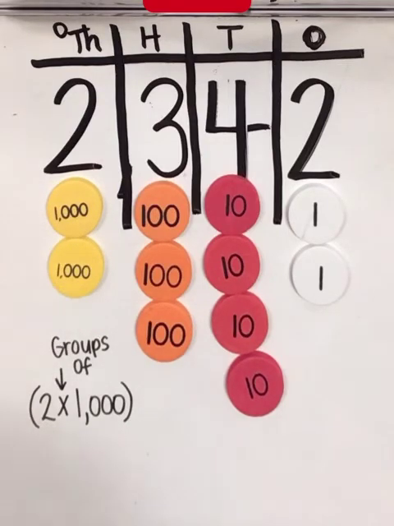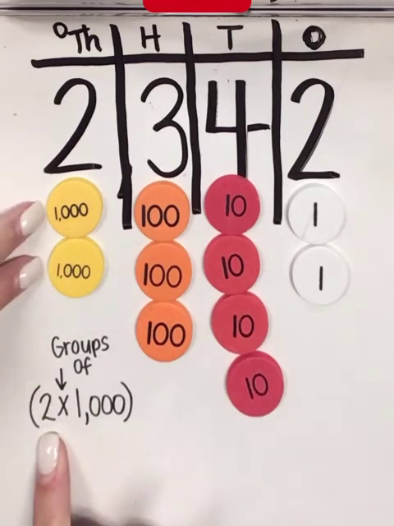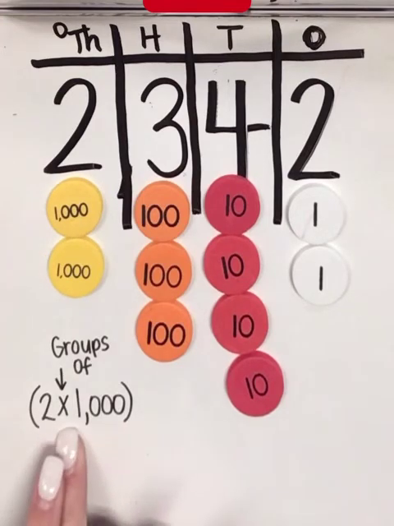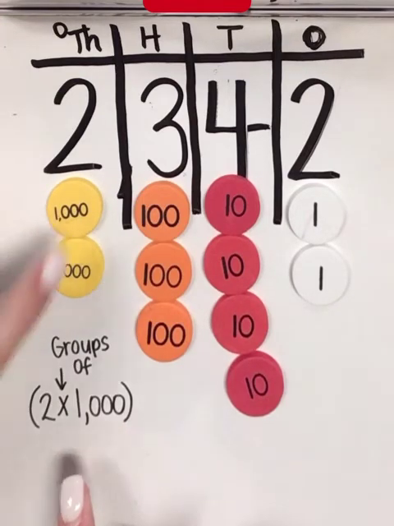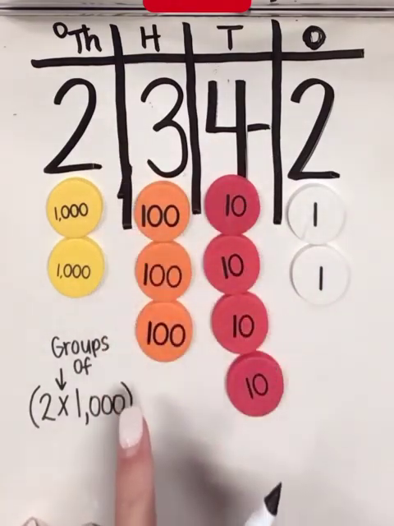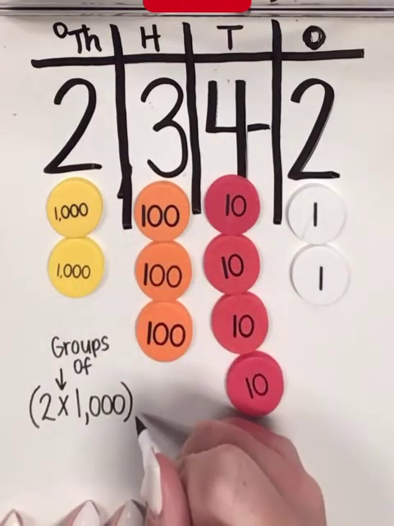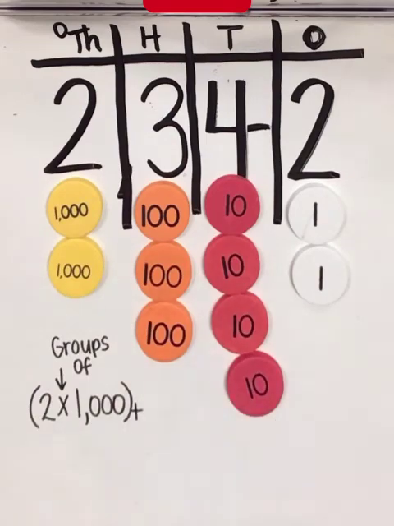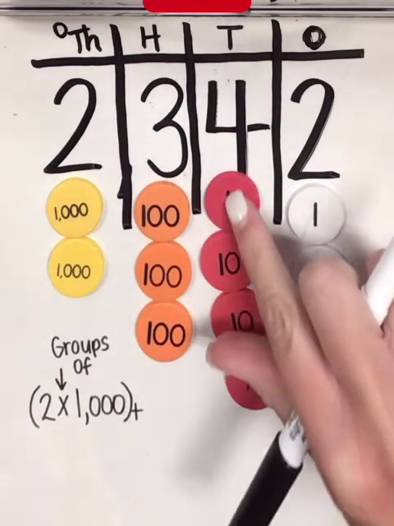So in my 2 groups, they each have 1,000. That's why I did 2, because that's how many groups I have, times 1,000, because in each one of those groups, I have 1,000. Right here where I drew my wall, that is where I'm going to put my plus sign. I'm going to scoot these up so I have enough room to write.